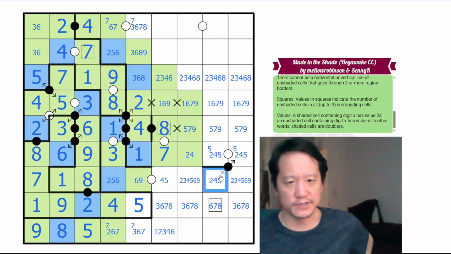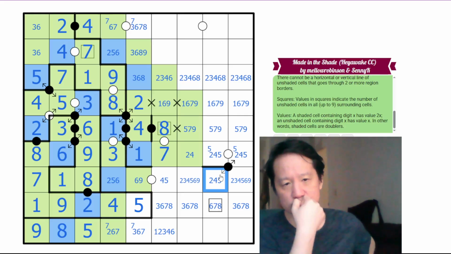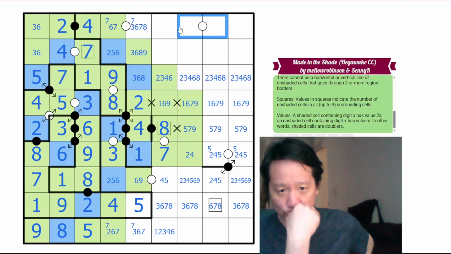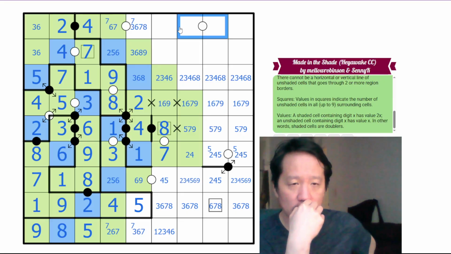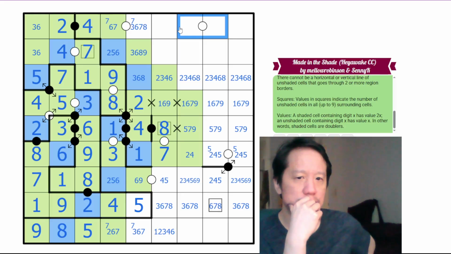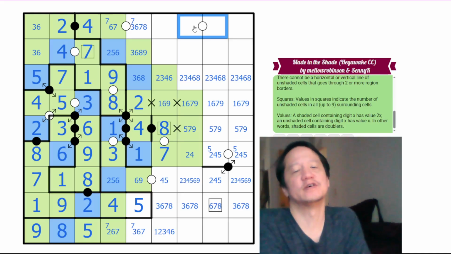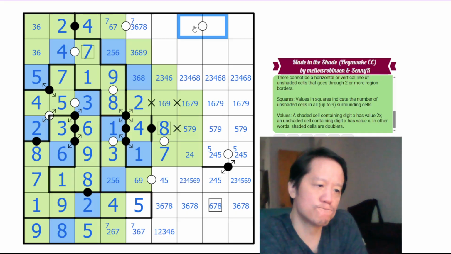Same region, different region. Okay. This is same region. We need an odd value here, but we have plenty of odd values. But the thing is, those don't really work, right?